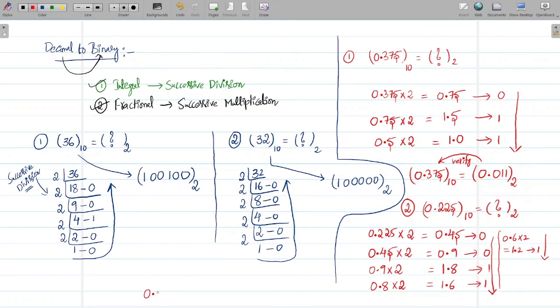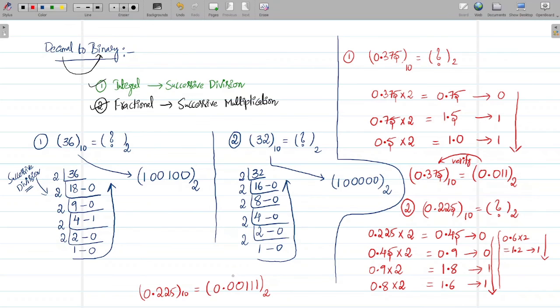So 0.225, this is the given decimal number. For this the equivalent binary number is 0 point, what is the first digit? 0, second digit 0, third digit 1, fourth digit 1, fifth digit 1, and it is getting repeated. So I want to stop here, and it is the equivalent binary.